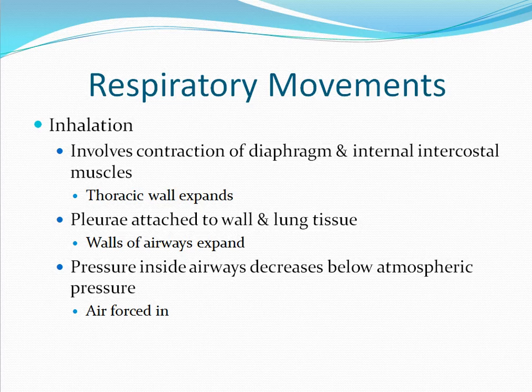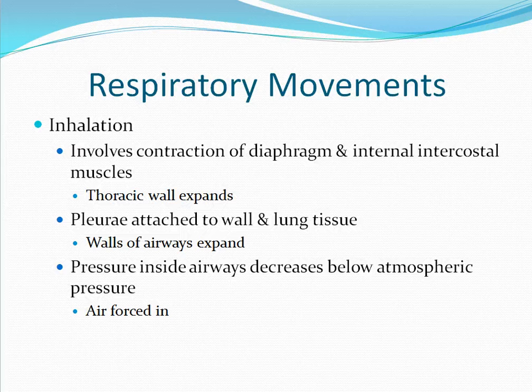Inhalation involves the contraction of the diaphragm and also the internal intercostal muscles. When the diaphragm contracts, it will lower. When the internal intercostal muscles contract, they will elevate the ribs. Together, this helps to expand the thoracic wall and increase the volume within the thoracic cavity.